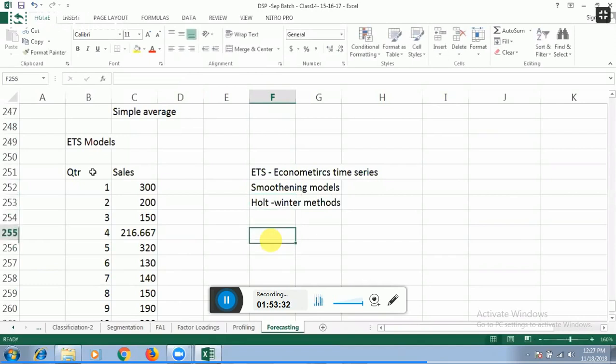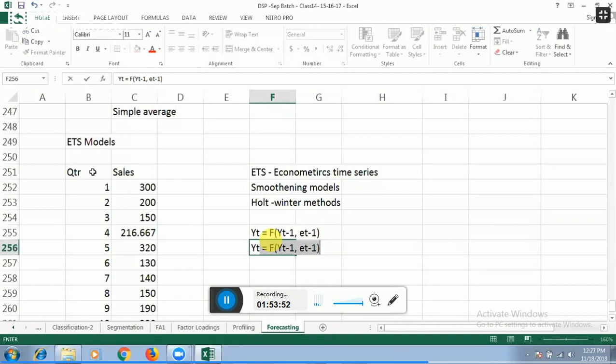So what this means is my Yt is a function of my previous value and a previous error value. Yt is a function of my previous value, my previous error value, something like this.